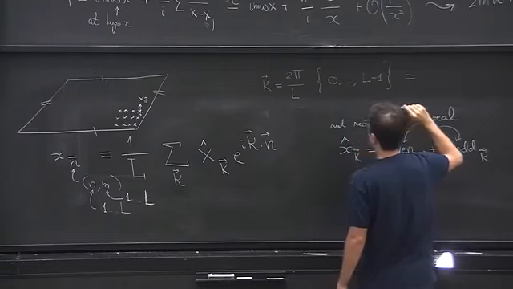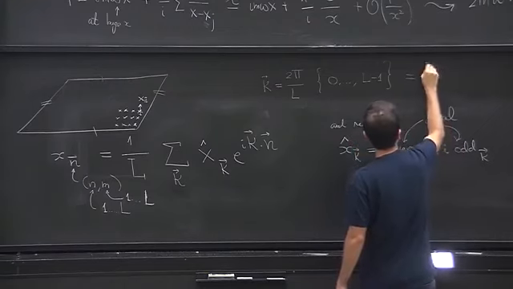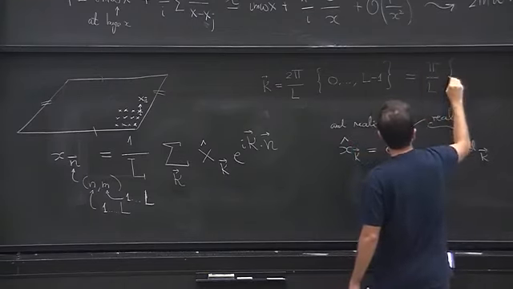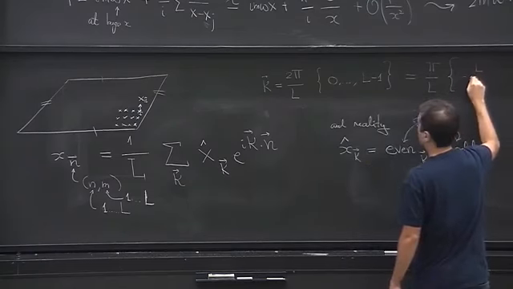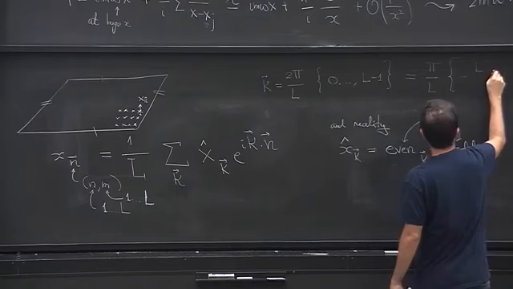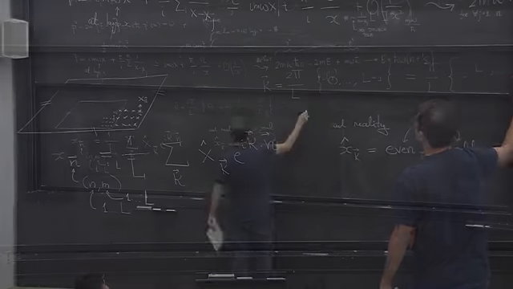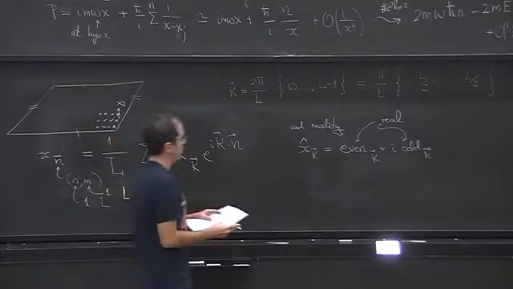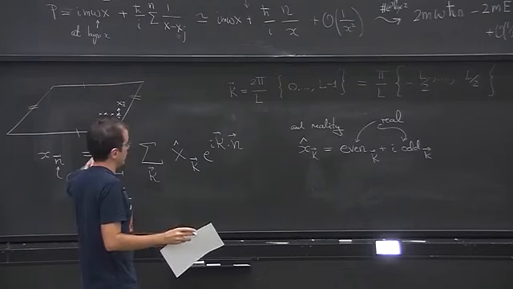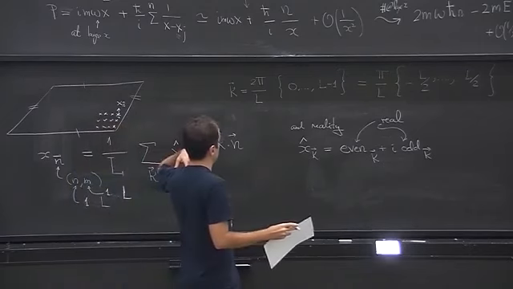And if I shift by pi over L, it becomes pi over L times minus L to L, and I just shift this, and I shift by L over 2, getting minus L over 2 and L over 2. Oof, okay. This is correct now, right? Or not? Maybe not?